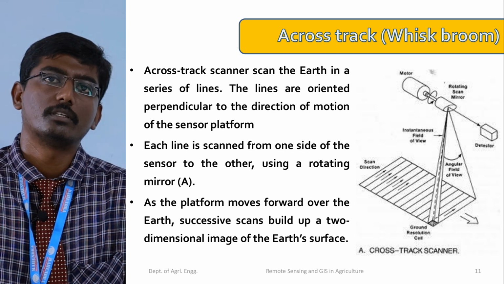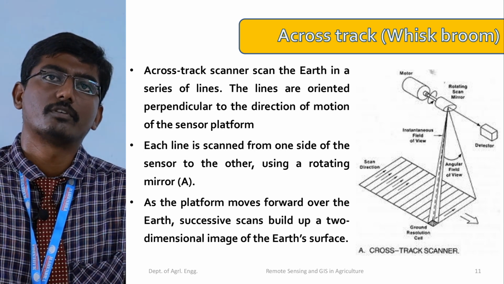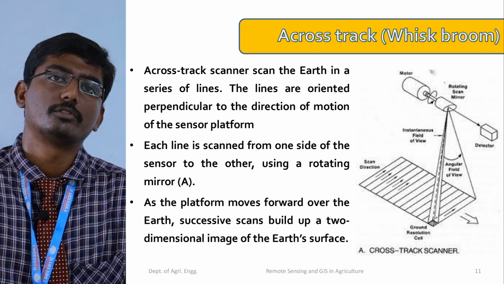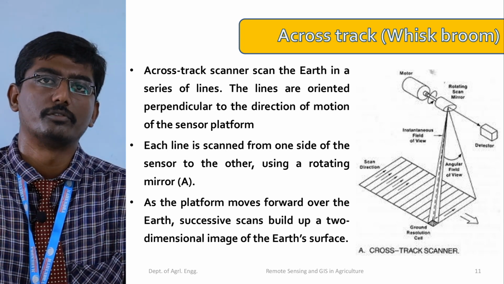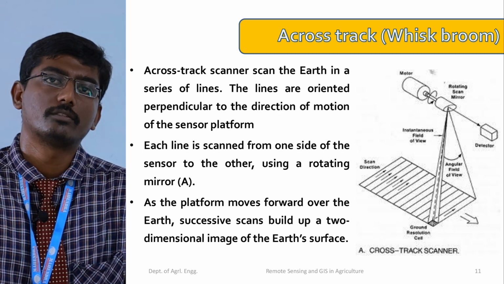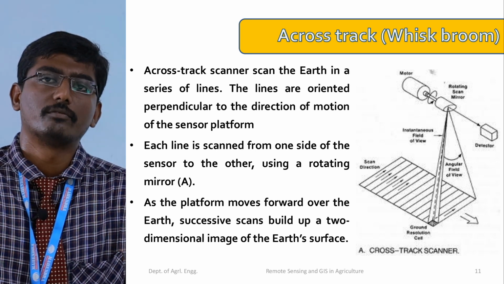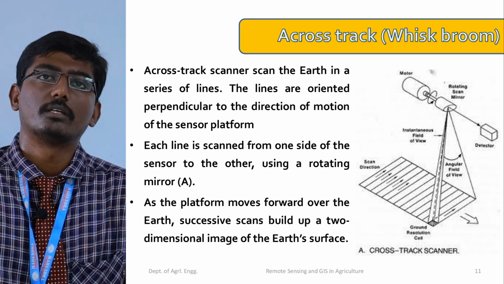Let us discuss the types of resolutions. There are 4 kinds of resolutions: temporal resolution, spatial resolution, spectral resolution and radiometric resolution. The temporal resolution is how much time it takes to return to the same space or same object or same pathway for image capturing.